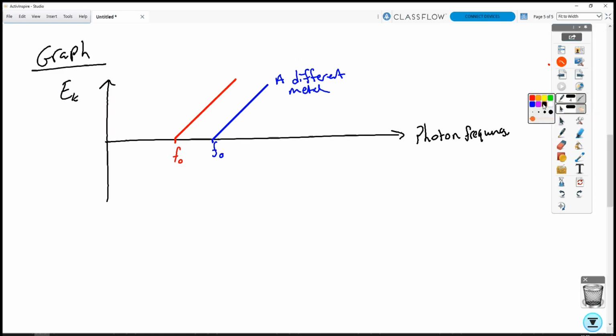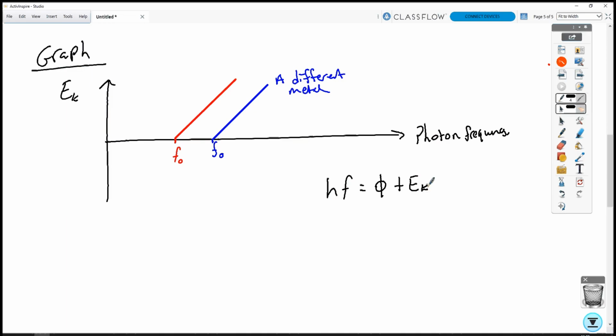Now let's consider how this graph has been drawn. It's clearly following some form of the Einstein photoelectric equation, which is that hf equals phi plus EK.